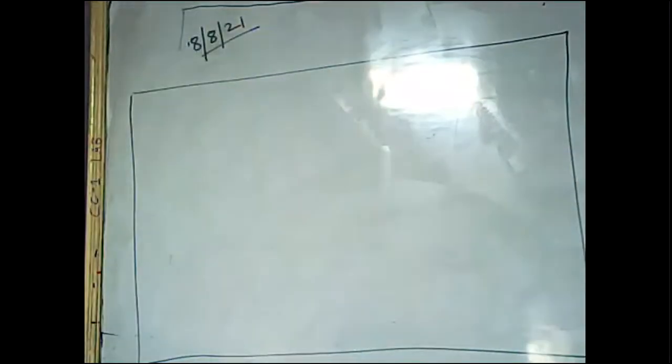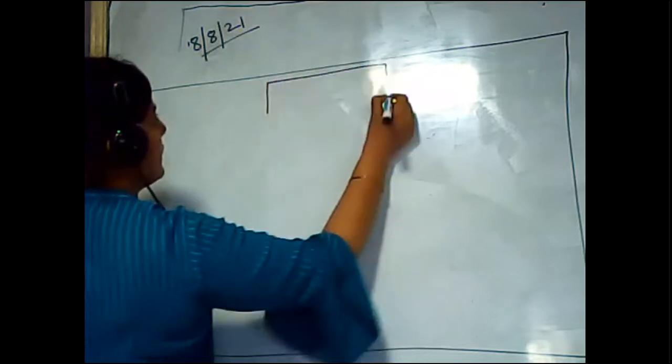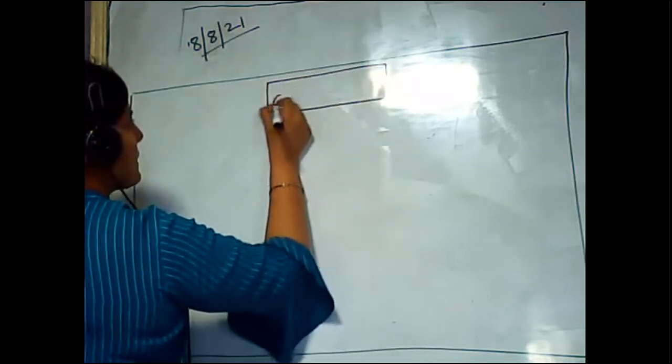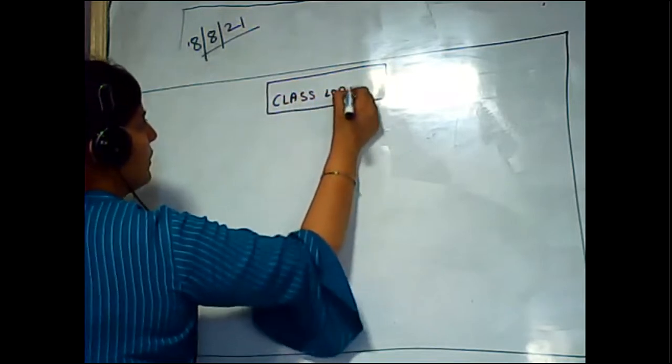This is the structure of the JVM that we will be discussing. First of all, we have a class loader.